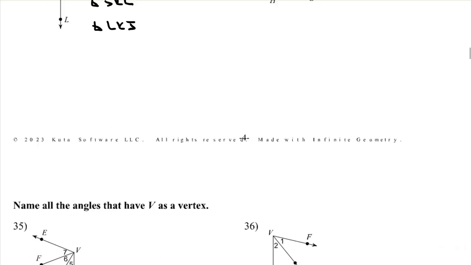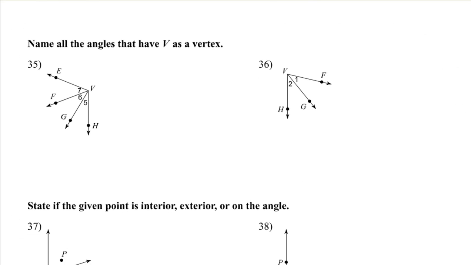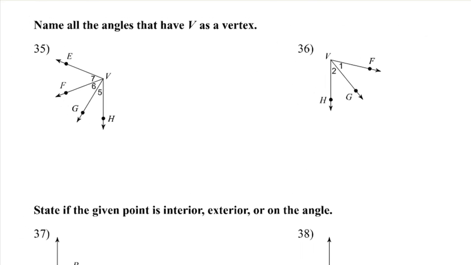All right, we did a bunch of those. Name all the angles that have vertex V. So yeah, you could be here a while. It's no problem. Angle 5, angle 6, angle 7. You got to get them all for the point. The ambiguous EVF.